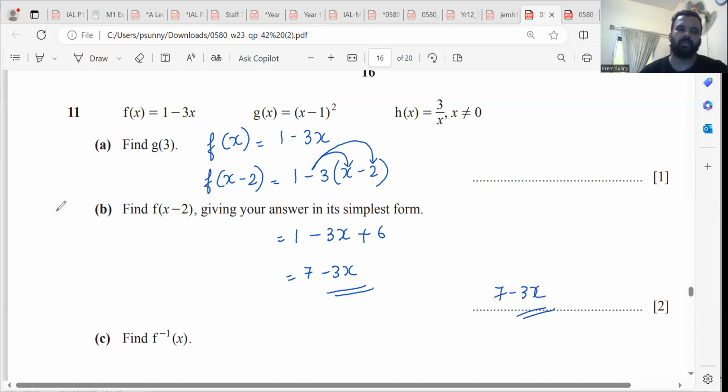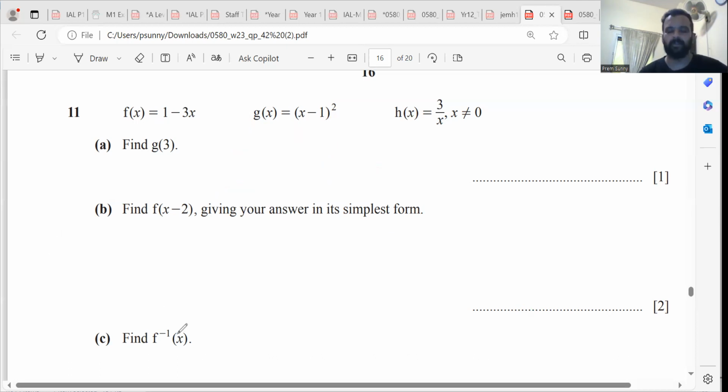Now, moving on to the third part here. The third part is f inverse of x. So f inverse of x, how do we find it? First of all, let's write what f of x is. f of x is equal to 1 minus 3x. To find the inverse of a function, we have 3 steps.